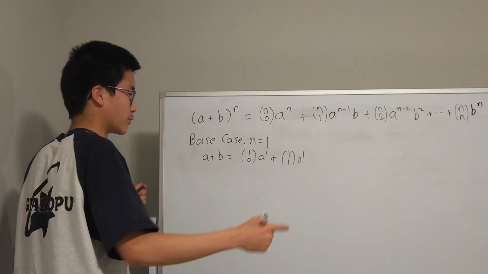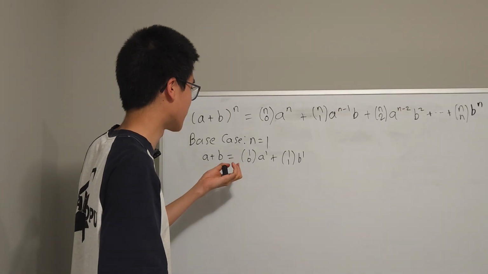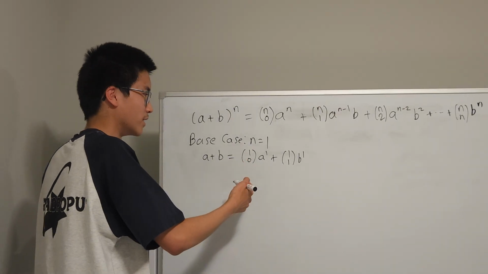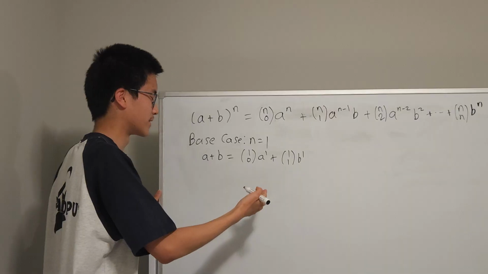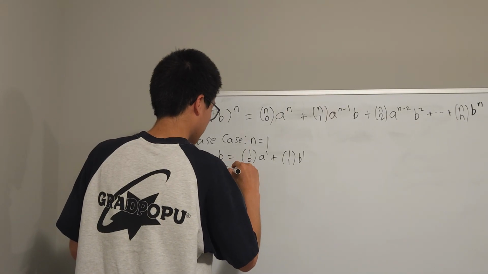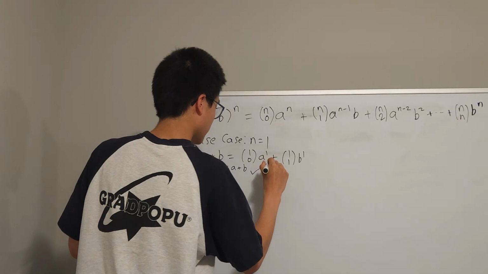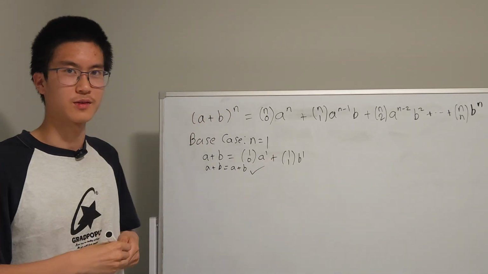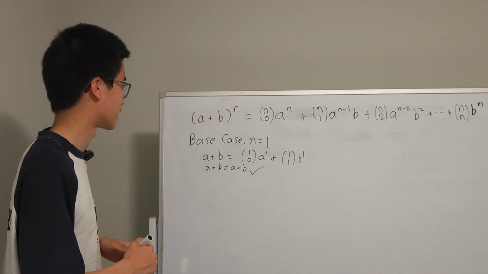If you work out this side, 1 choose 0 gives you 1, and this will also equal 1. So therefore, at the end you get a plus b equals a plus b. So our formula works for n equals 1.